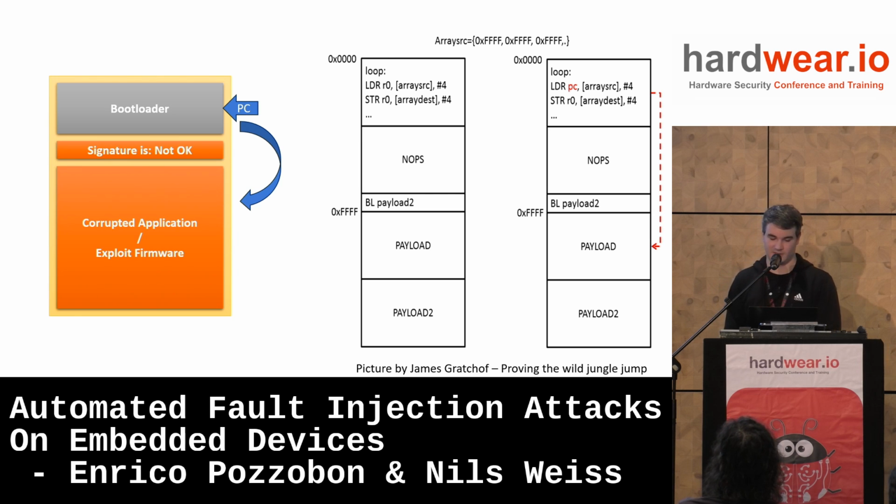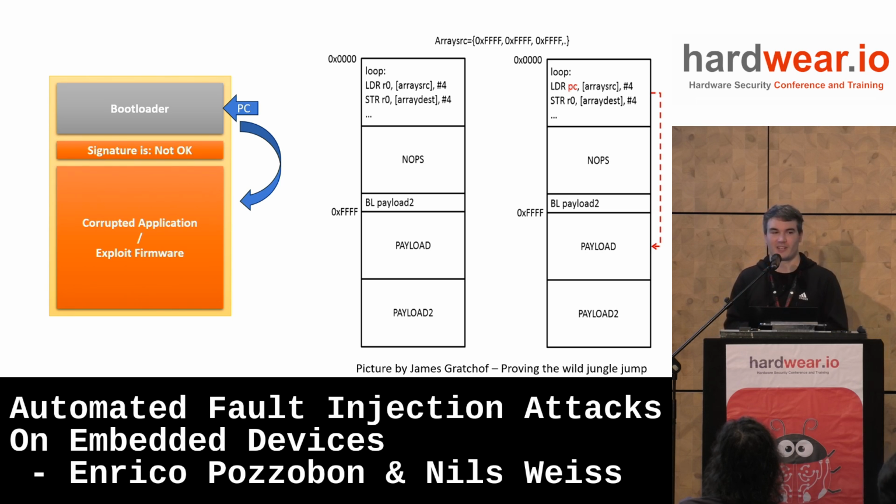So this is the perfect situation for this. Note that we are controlling around 4 megabytes of the address space, because the flash on this device was 4 megabytes. And this is approximately 0.1% of the 32-bit address space of the processor.